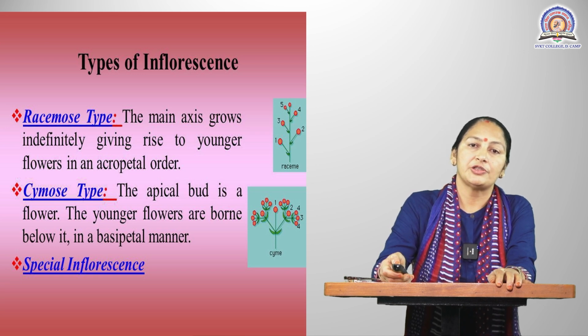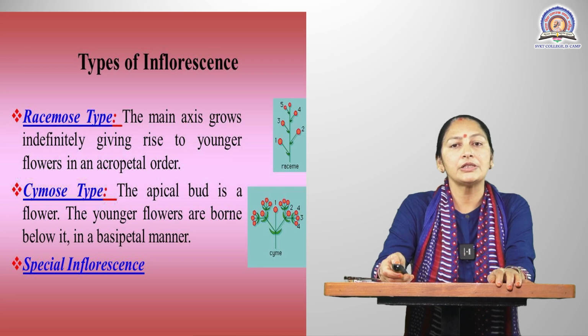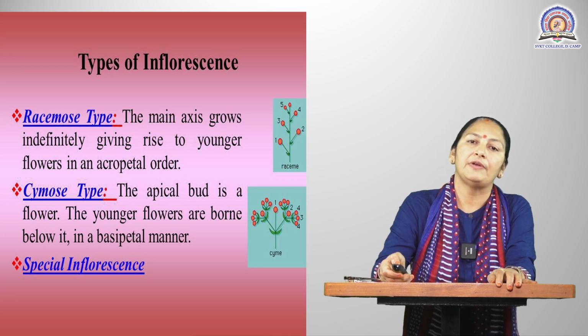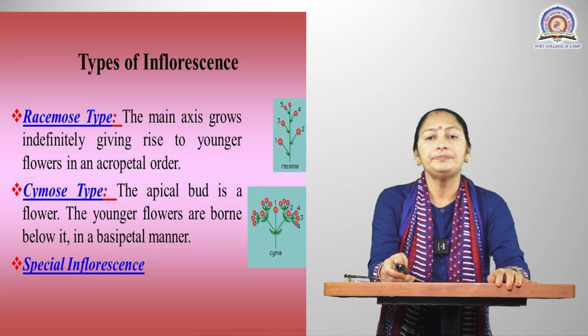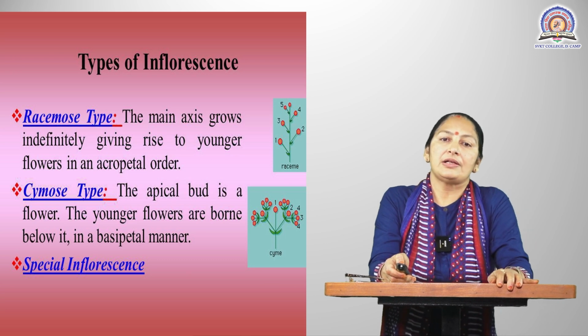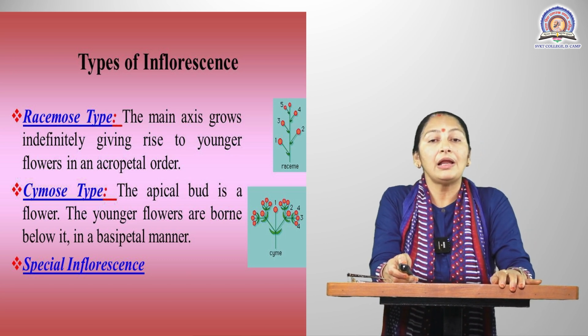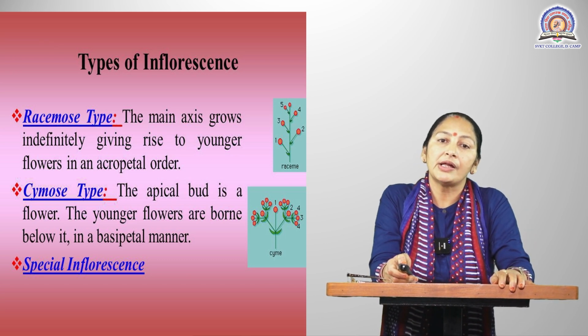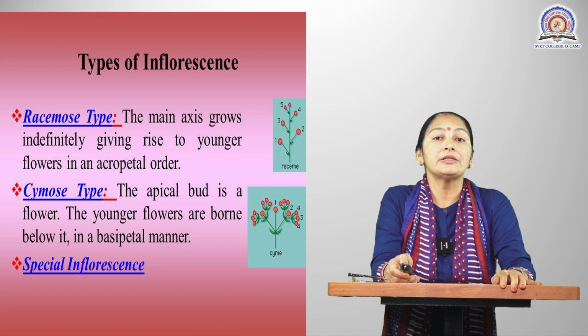The first one is racemose. In the racemose type, the main axis grows indefinitely. See students, on a floral axis the flowers are arranged, but the axis is unlimited.